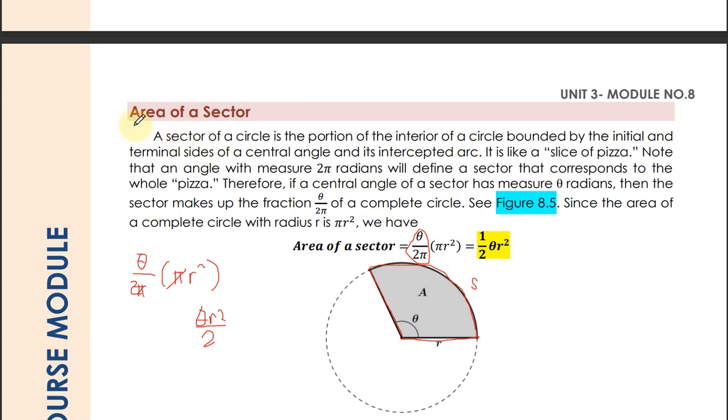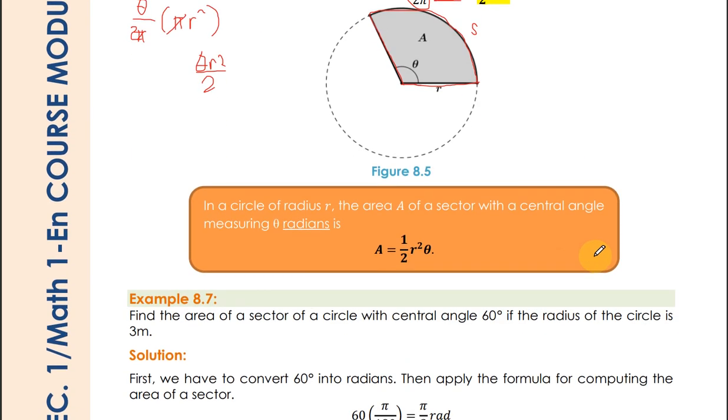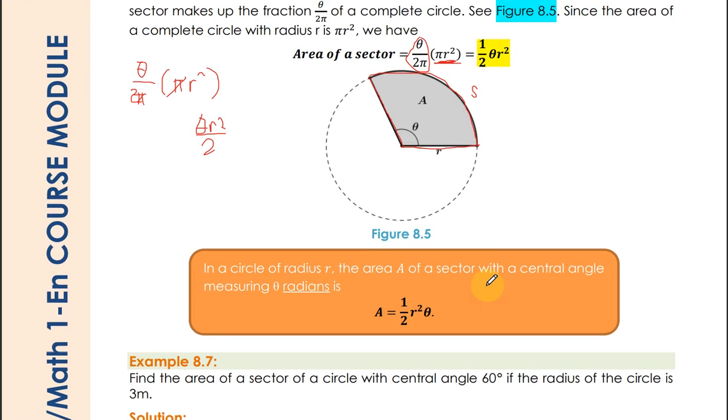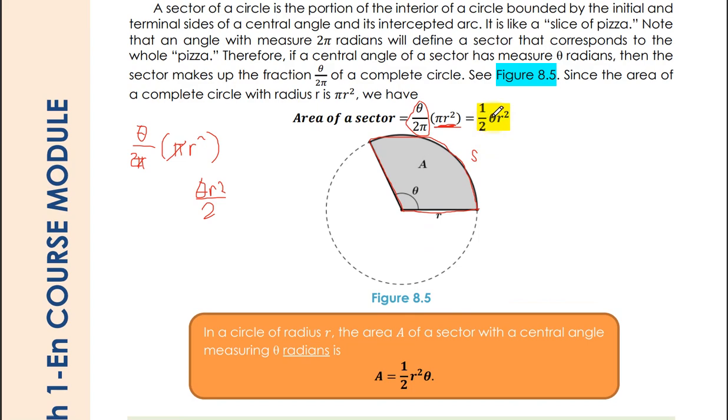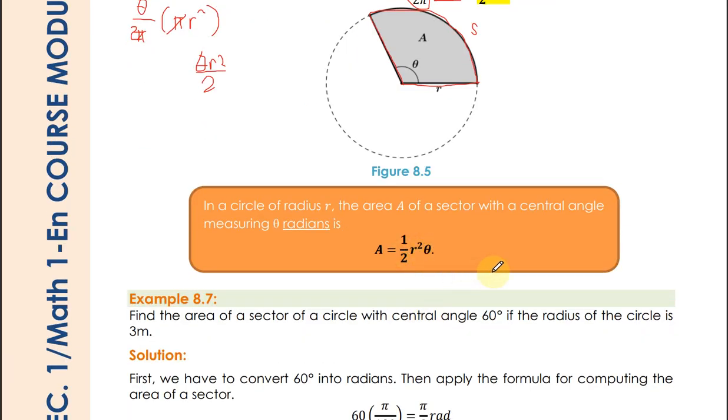And if it is asked for the area of a sector of the circle, then you just multiply it by the area of the circle. So area or circumference, that is what you multiply. So in a circle of radius r, the area A of a sector with a central angle measuring theta radians is equal to 1/2 r squared times theta. You can swap theta and r squared since it is just a multiplication.